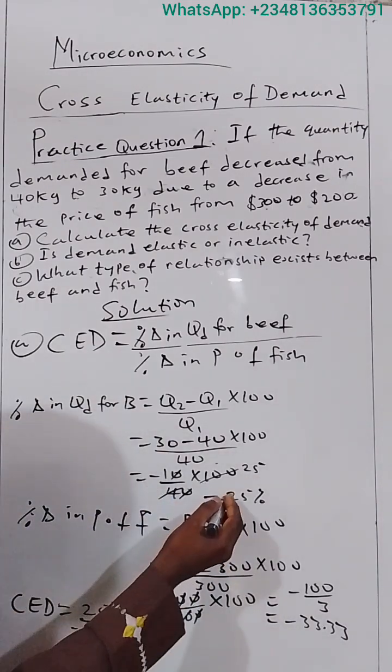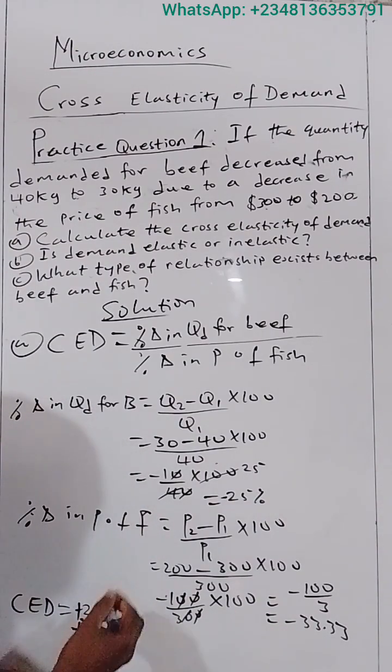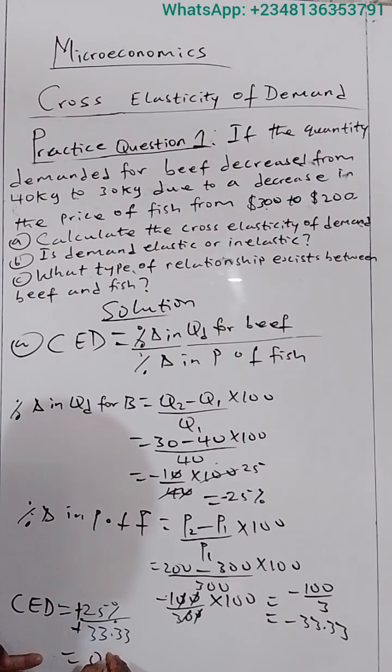Don't forget this is minus 25. Let me make that correction. This is also minus 25, so this minus will cancel this minus. When we divide this, we are going to get 0.75. So this is the coefficient of the cross elasticity of demand.